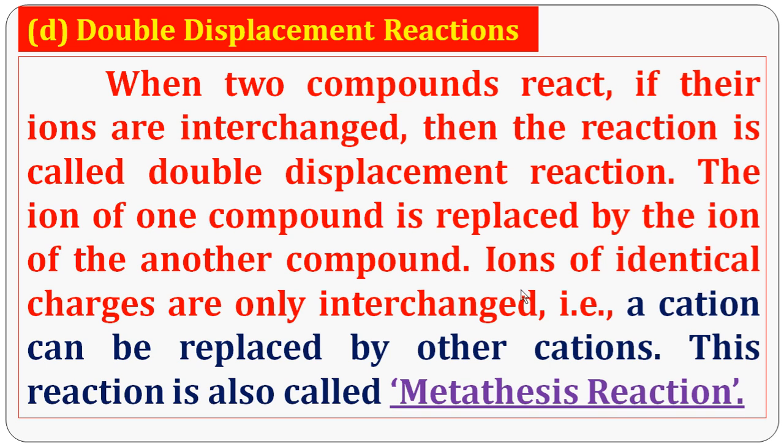Ions of identical charges are only interchanged. That is, a cation can be replaced by another cation. So, this reaction is also called metathesis reaction. When two compounds react, if their ions are interchanged, that is called a double displacement reaction.